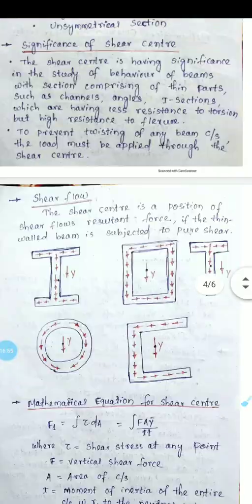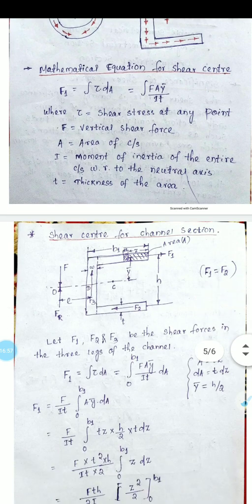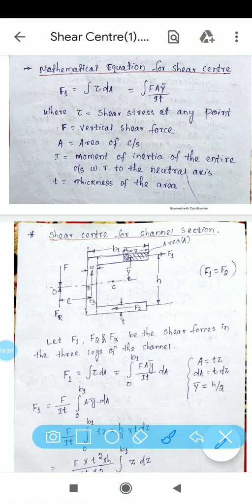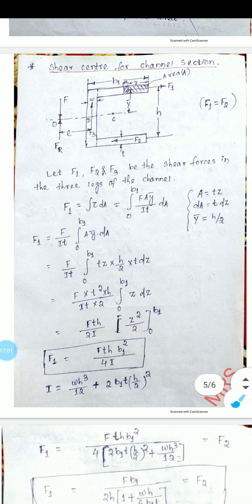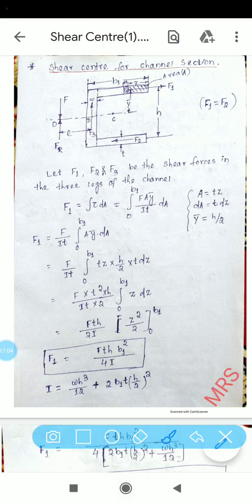F is your vertical shear force, and Fr is your resultant shear force, because whenever shear force acts downward, then to get it balanced, you should put some Fr, that is the resultant shear force. So put the expression for how you can calculate F1 and F2.